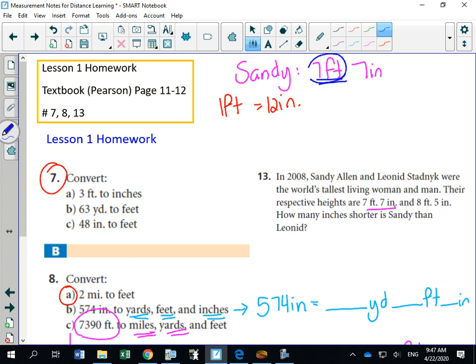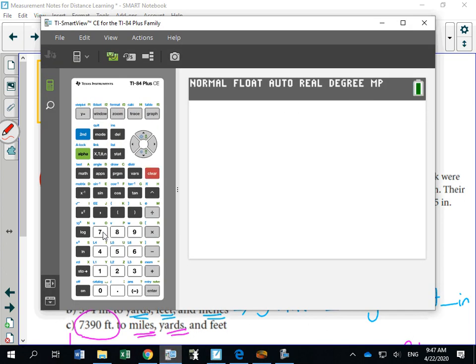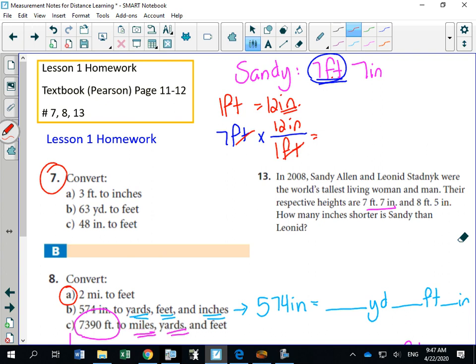So let's take that 7 feet and figure out how many inches is that. So if I want inches, 12 inches goes on top, 1 foot goes on the bottom. So 7 feet in inches, let's see what that would be. 84 inches. So 7 feet is 84 inches.